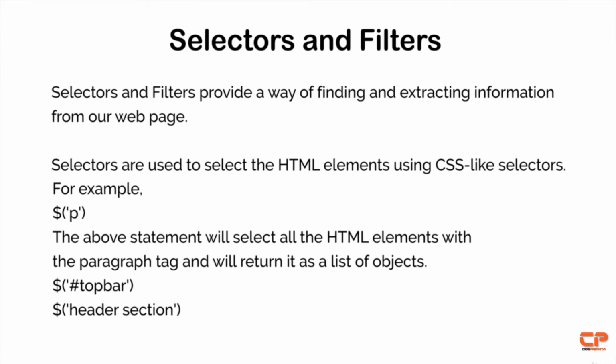This statement will select all the HTML elements with the paragraph tag and will return it as a list of objects. Similarly, $#top_bar. So #top_bar means we are trying to select an HTML element with ID top_bar. Similarly, $ and inside the parenthesis header space section. So we are trying to select all the section elements which are inside the header elements.